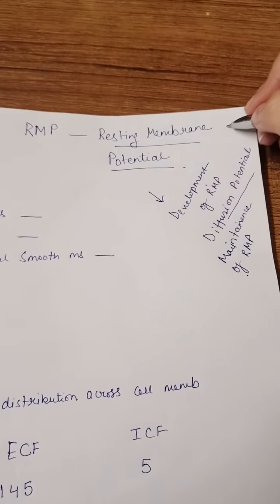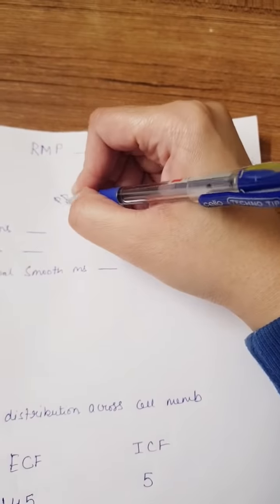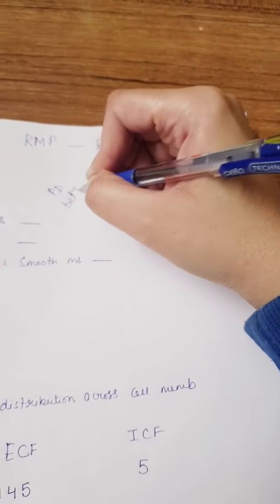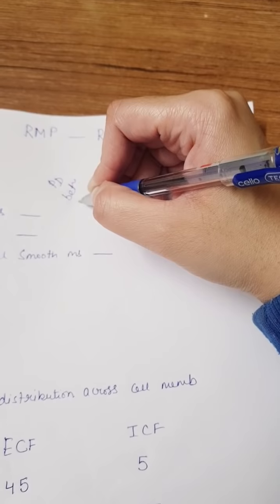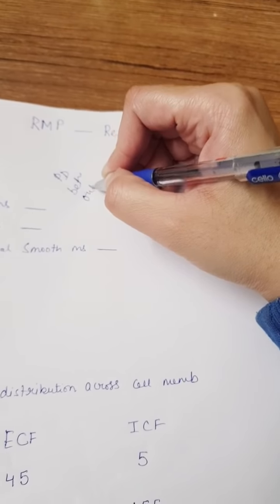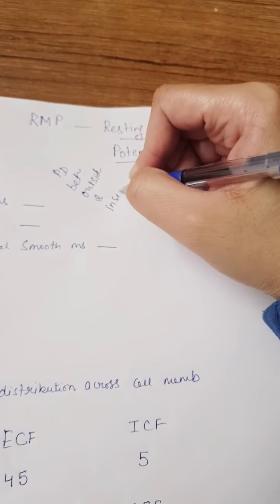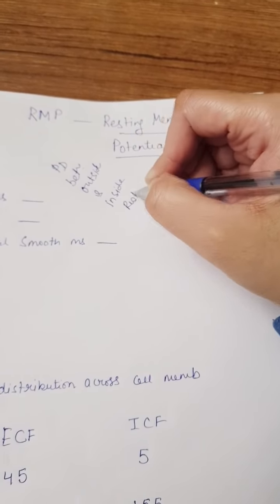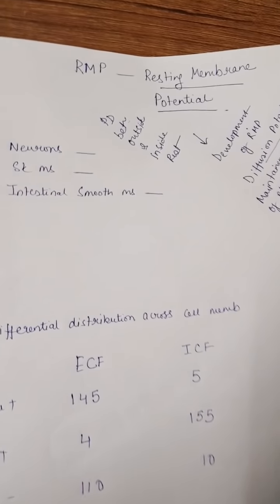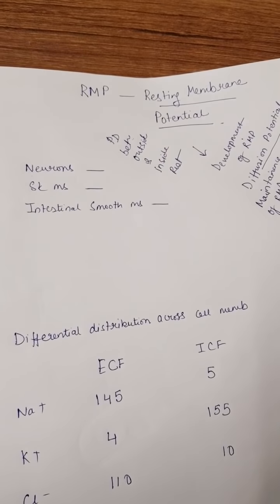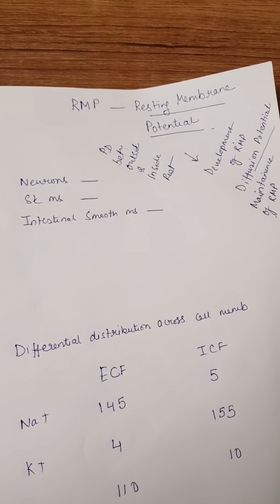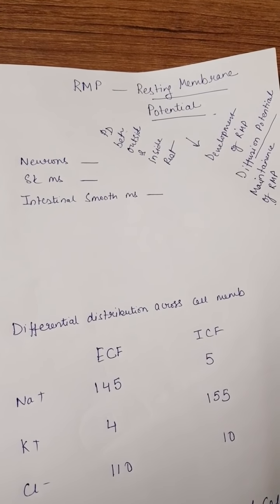That is, this is the potential difference between outside and inside when the cell is at rest. Okay, different tissues have different resting membrane potentials.